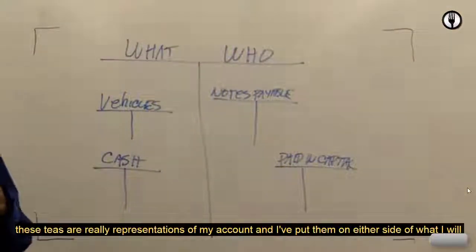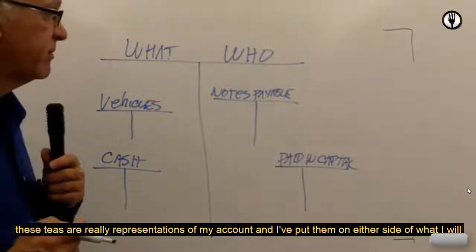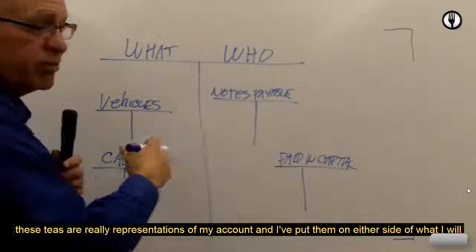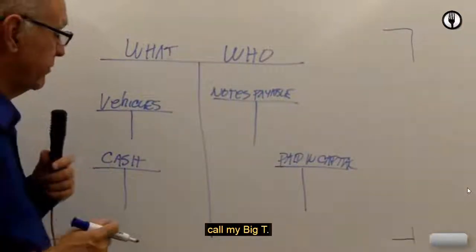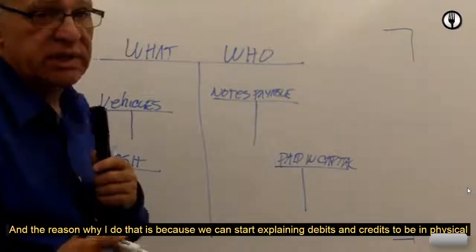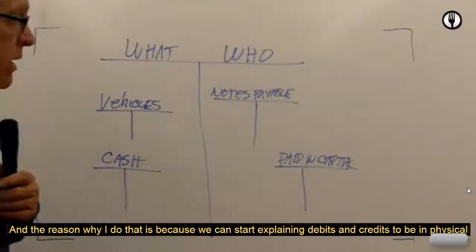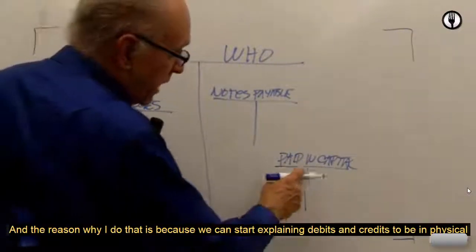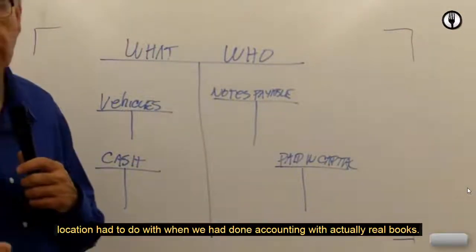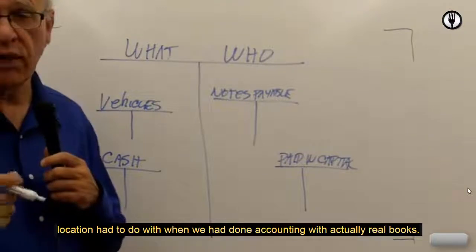These T's are really representations of my accounts, and I've put them on either side of what I will call my big T. And the reason why I do that is because we can start explaining debits and credits. The T and physical location had to do with when we did accounting with actual real books.